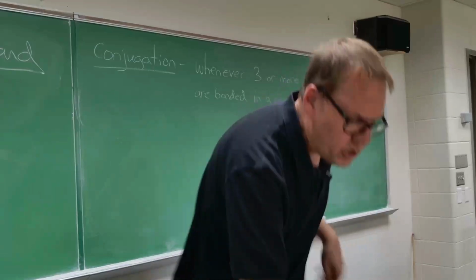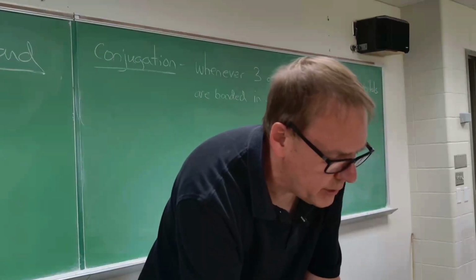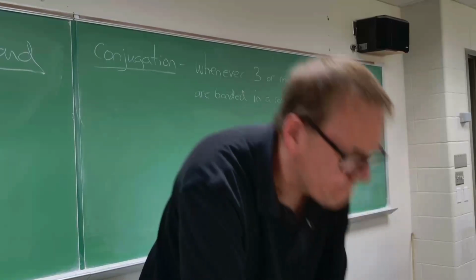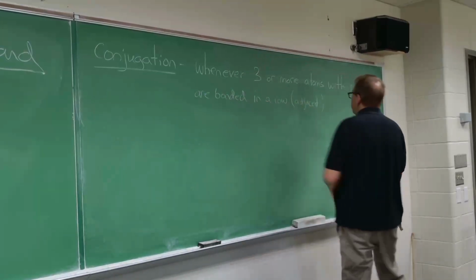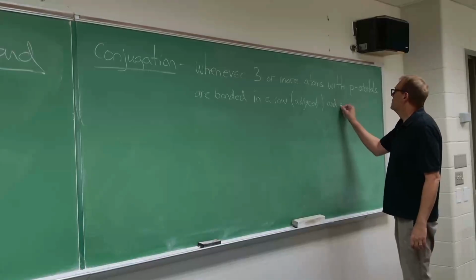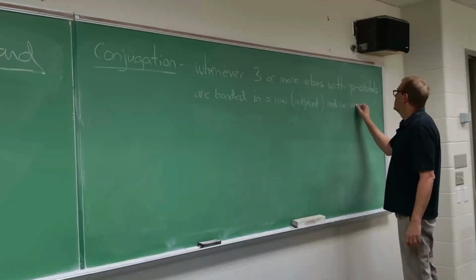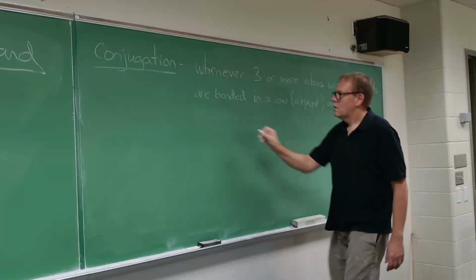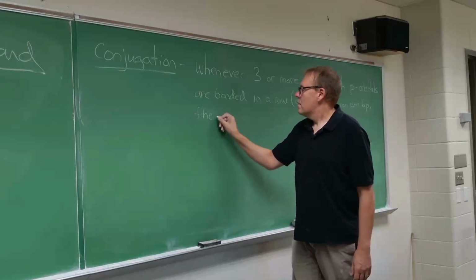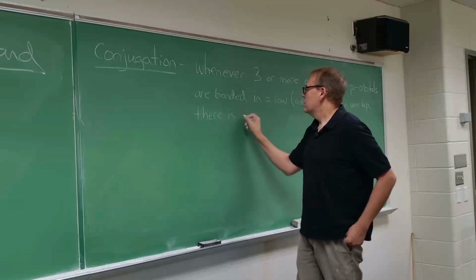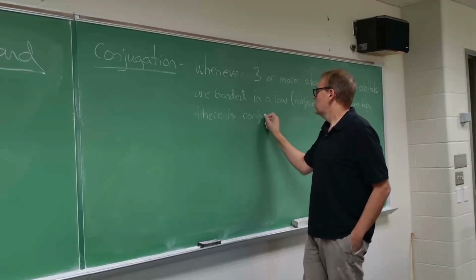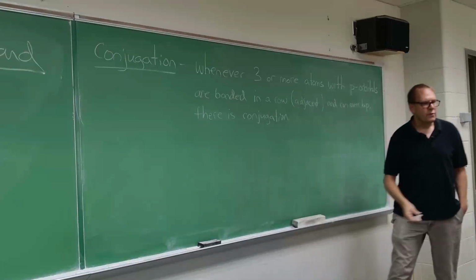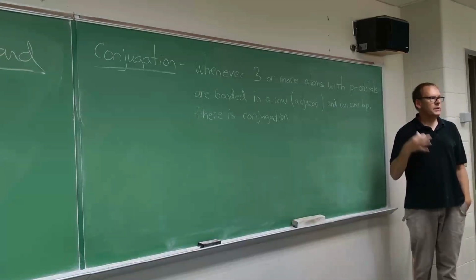Whenever you have that situation, you're going to have this property called conjugation. Bonded in a row, adjacent, and can overlap. There is conjugation. So conjugation is about the overlapping of p orbitals on adjacent atoms.